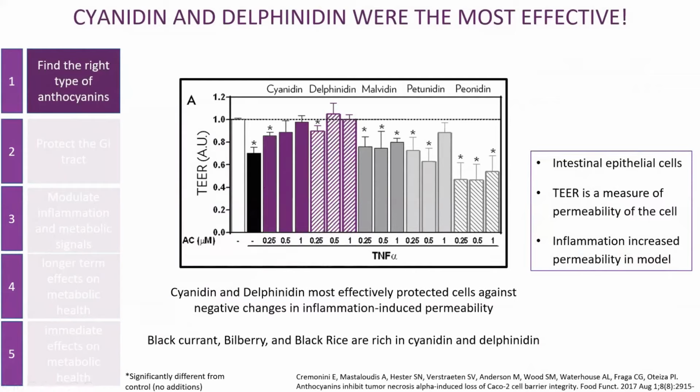Why are we looking at the cells that line the GI tract? Well, the reason is because in your GI tract, you're eating all sorts of food and it's going through this long sort of channel. It's going through the stomach and then sort of the upper intestine, the lower intestine. And it's very important for digesting food and nutrients, right?